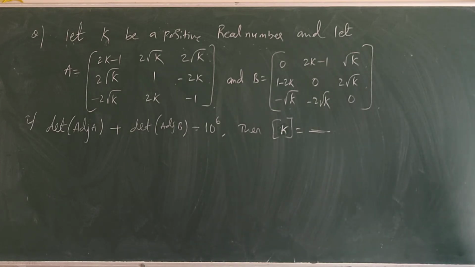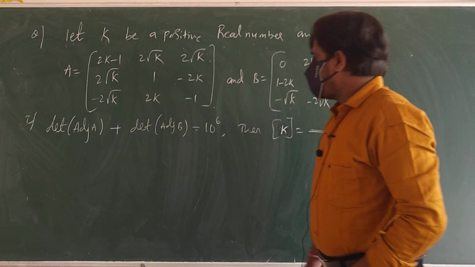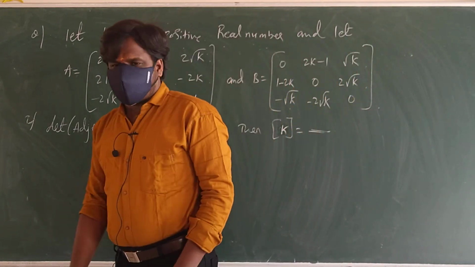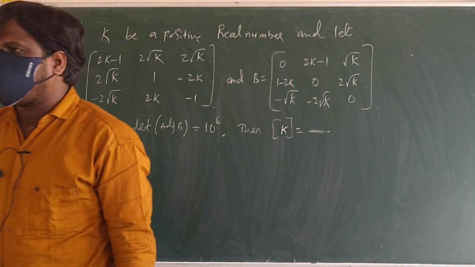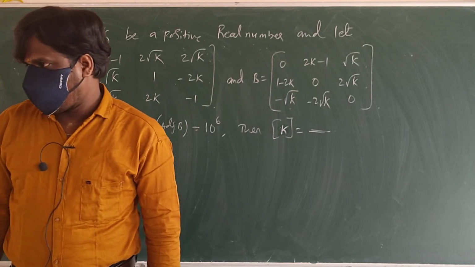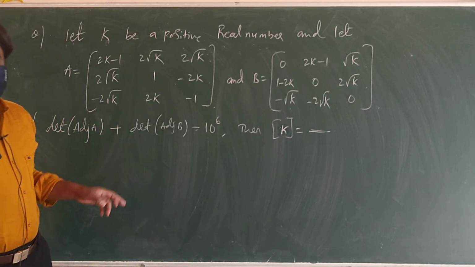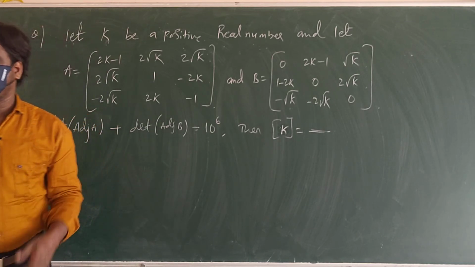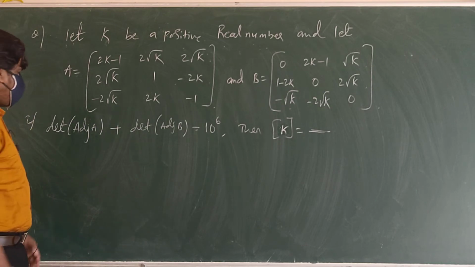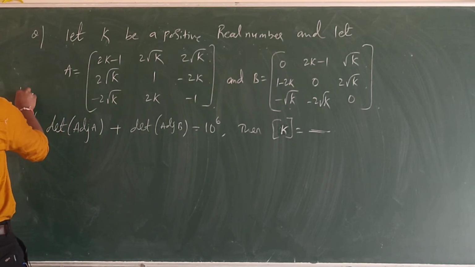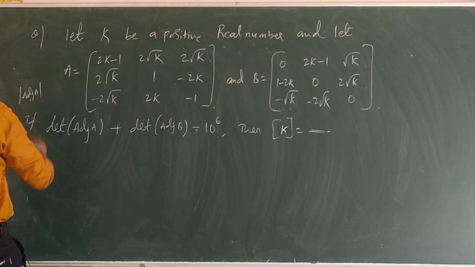Have you completed it? Okay, see. What is the formula for the determinant of adjoint A? Determinant of adjoint A is determinant of A raised to power n minus 1.